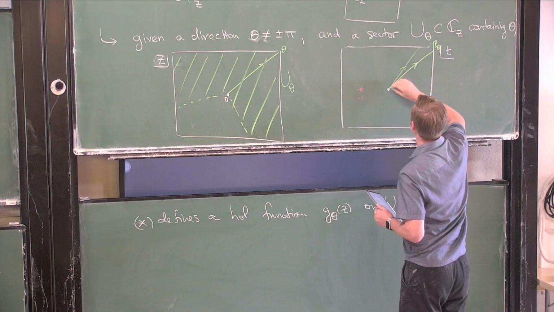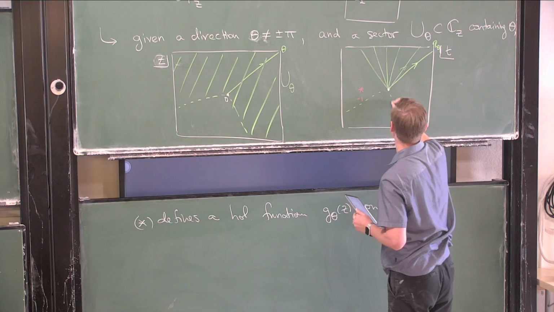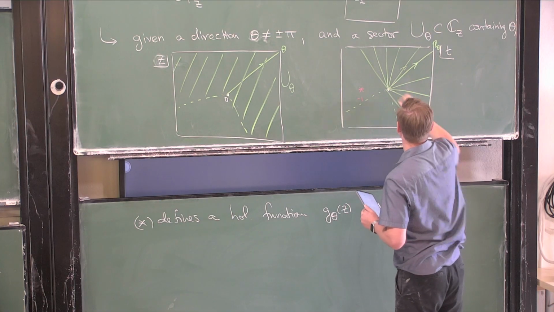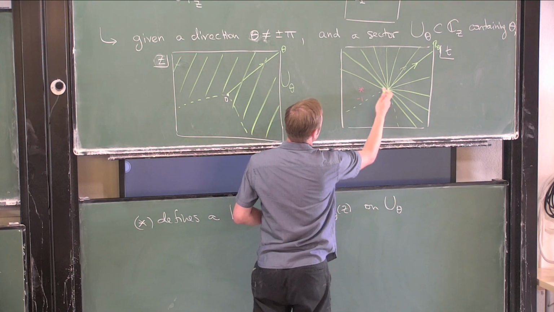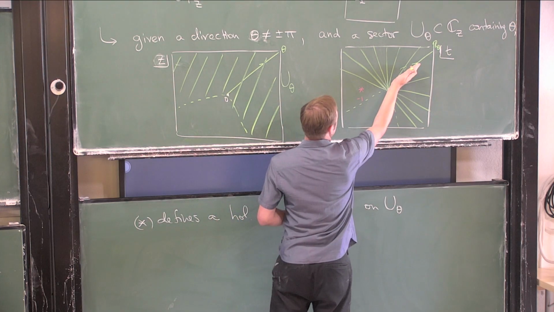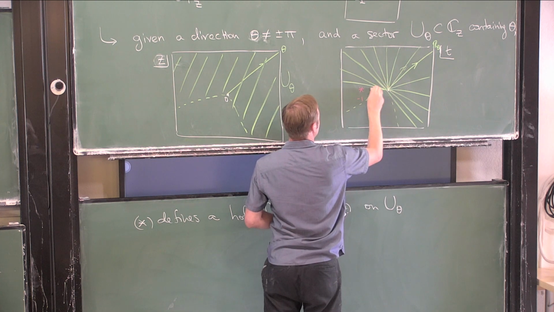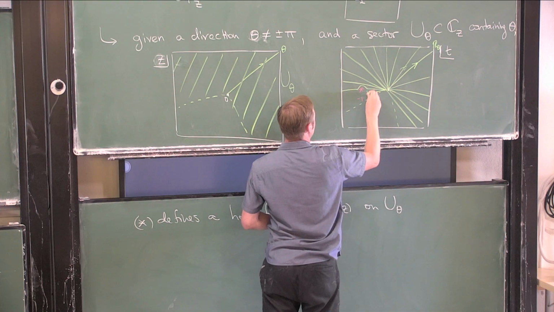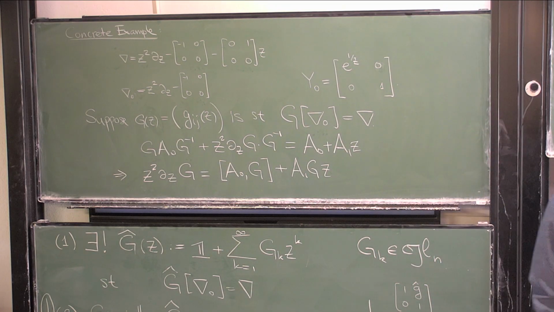And then we just sweep out the rest of the directions using rays, except that we're being very careful, because if I want a ray pointing in this direction, I need to recognize that it's one which I obtain by rotating this ray. So it really looks like this. Does that make sense? This is a pictorial description of how I'm defining this G theta.